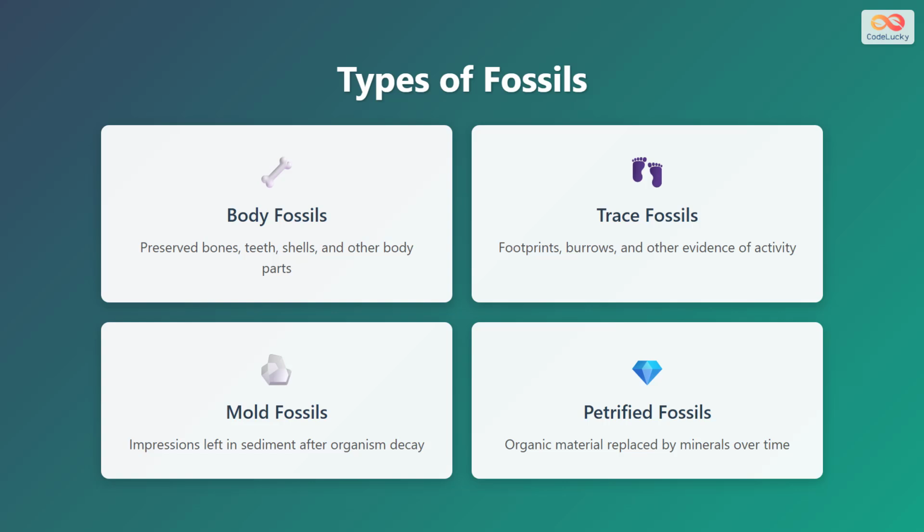Mold fossils are impressions left in sediment after an organism decays completely, creating a natural cast of its shape. Finally, petrified fossils occur when organic material is gradually replaced by minerals over time, essentially turning the organism into stone while preserving its structure in remarkable detail.